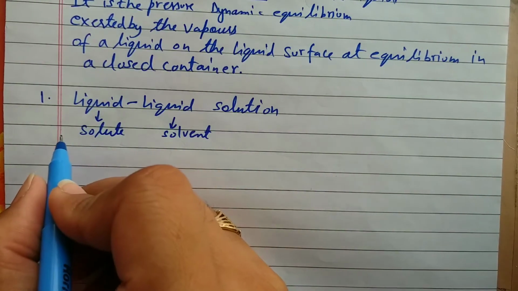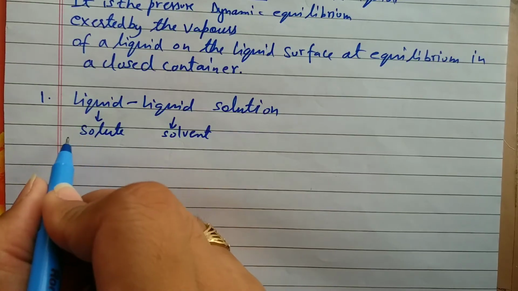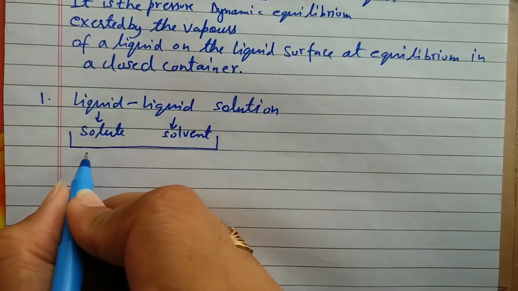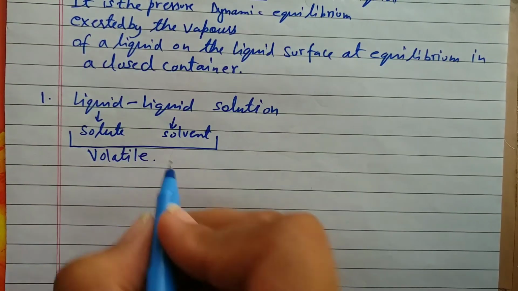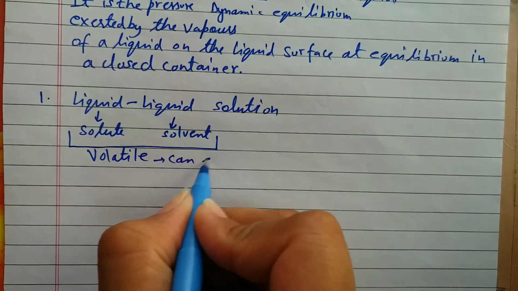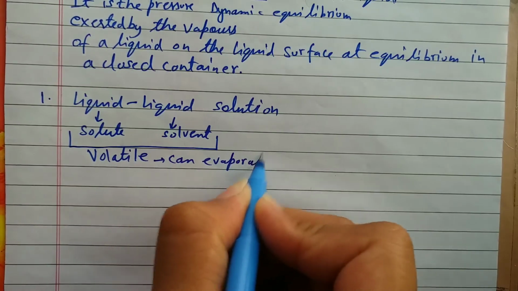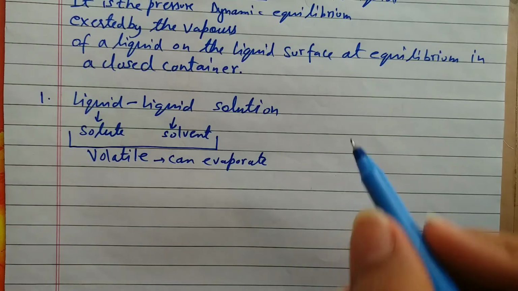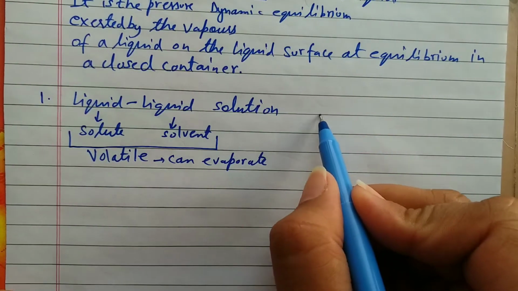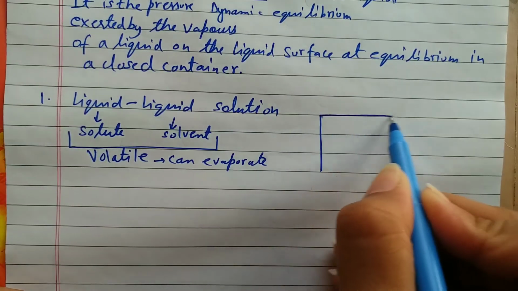And one more thing, both of the components, the solute and the solvent, are volatile, which means they can evaporate. So we have a system of two liquids, the solute and the solvent, and both are volatile and can evaporate.